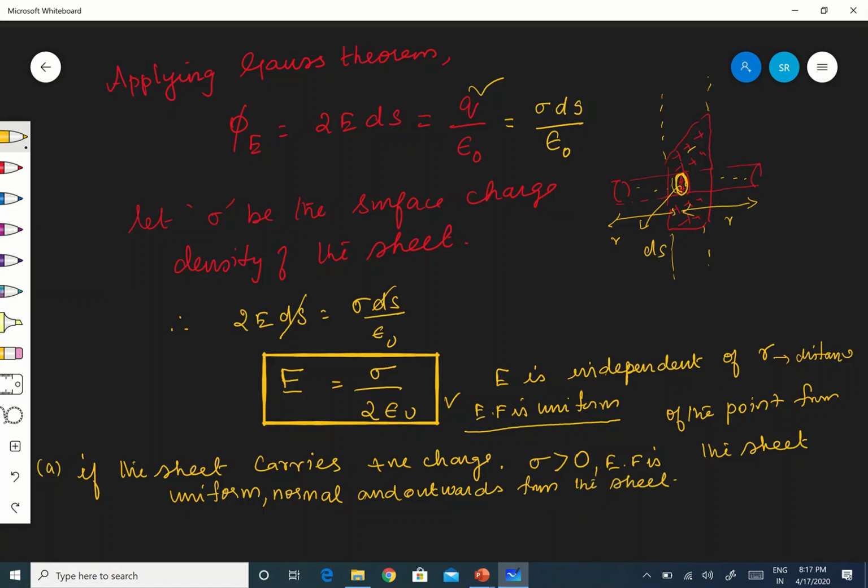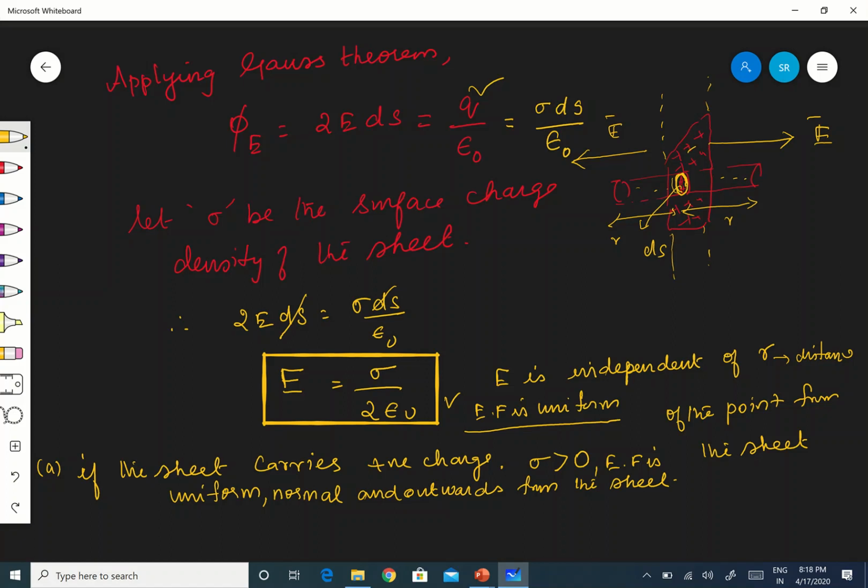What is the direction of the electric field? The electric field is in this direction, here, and here also the electric field will be in this direction, correct? Therefore on both the sides it will be normal to the sheet. The electric field is normal to the sheet, and the magnitude is also the same, that is E is equal to sigma by 2 epsilon naught.